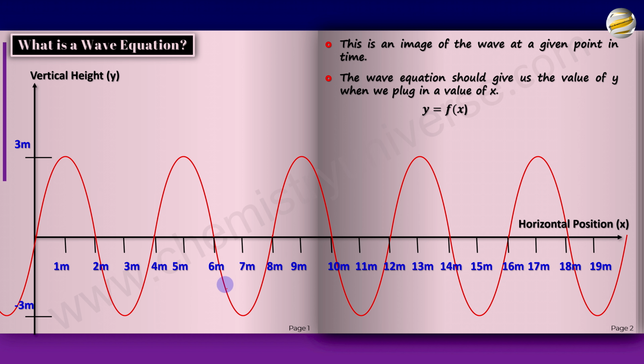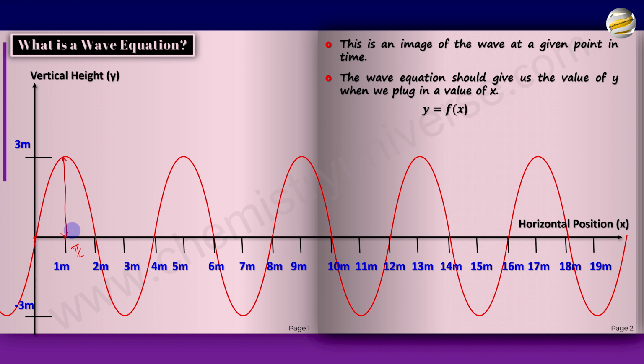Why do I call it a sine wave? Well, if this were an angle on the horizontal axis, then this would be 0, and sine 0 we know is 0. Here could be sine 90 or sine pi by 2, which is 1. But of course, the y value when this is pi by 2 is not 1, it is actually 3.